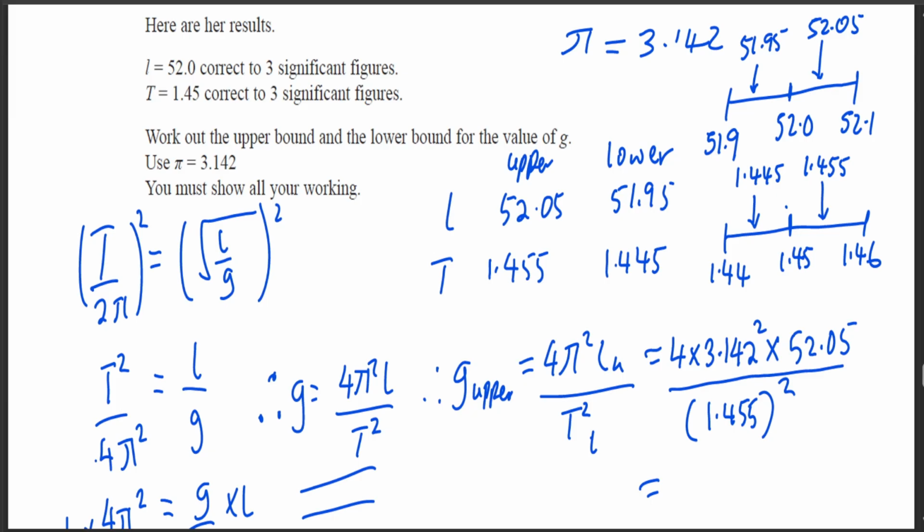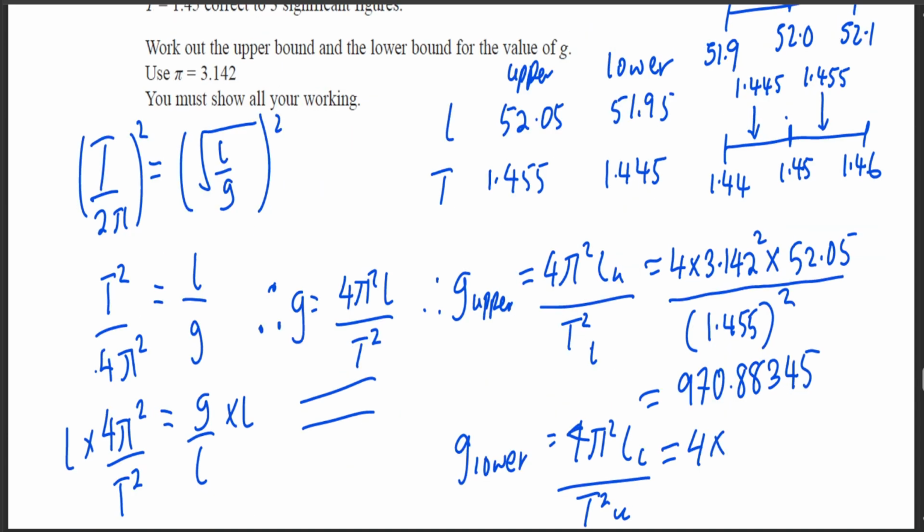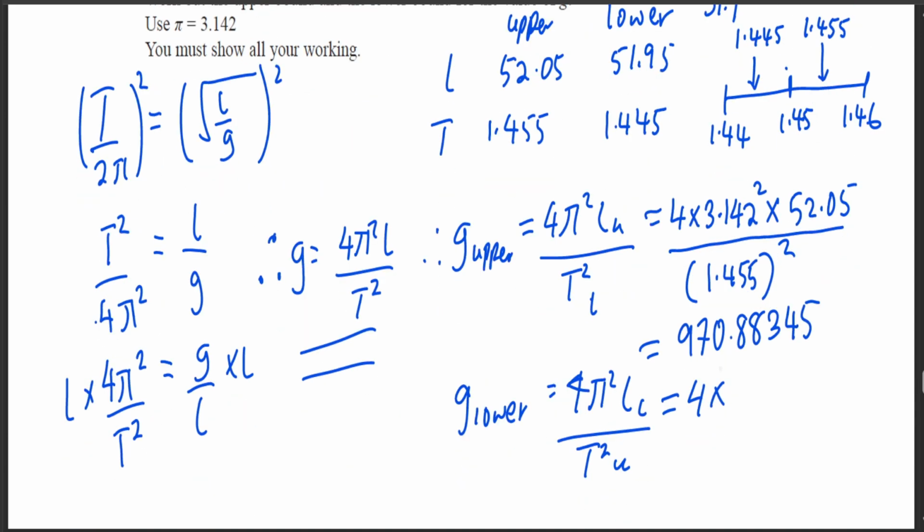But what if you're asked to find the G lower bound? It's going to be 4 pi squared L lower bound over T squared upper bound. So just do the same. 4 times 3.142 squared times L lower bound, which is 51.95, divided by T squared upper bound.